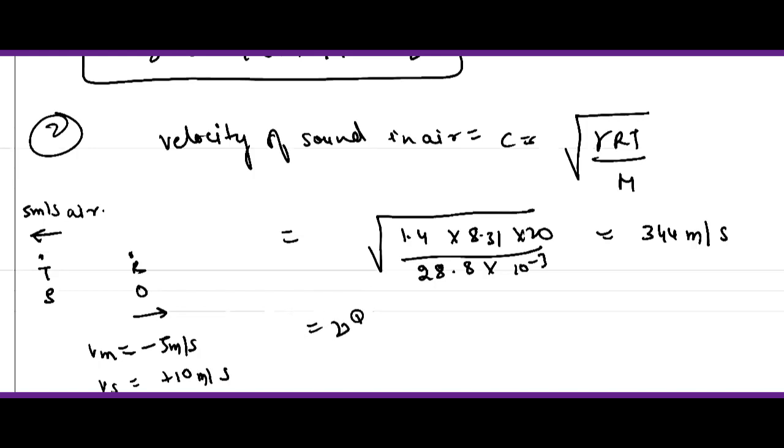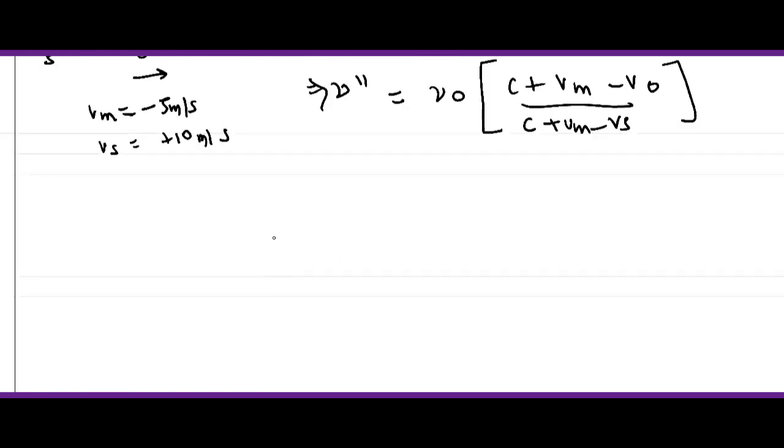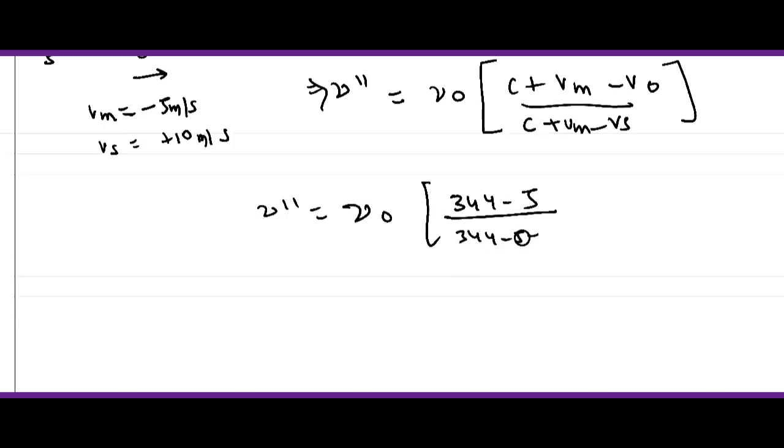So from here we will get nu double dash is equal to nu naught. Here again we apply the same formula, that is (C plus Vm minus V naught) divided by (C plus Vm minus Vs). Putting the values here, you will get nu double dash equals nu dash (344 minus 5) divided by (344 minus 5 minus 10).